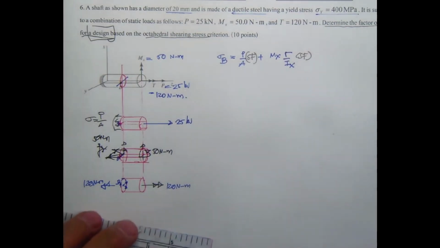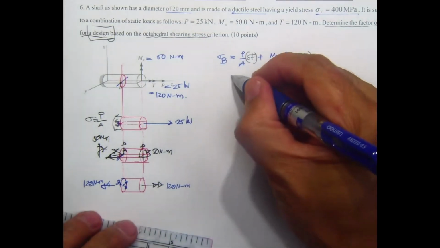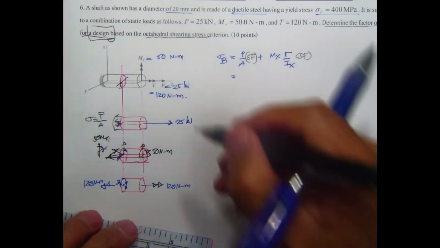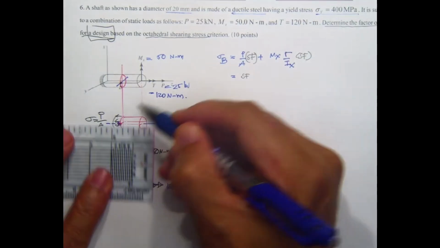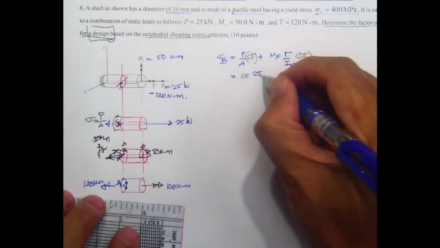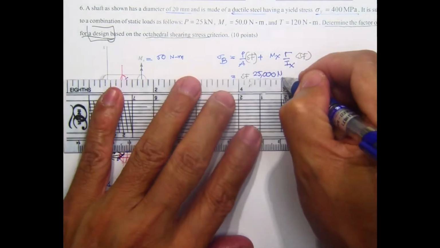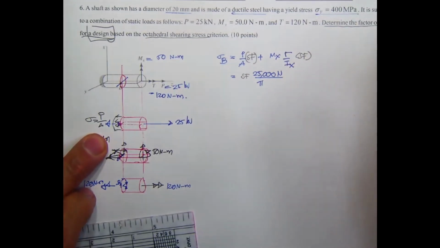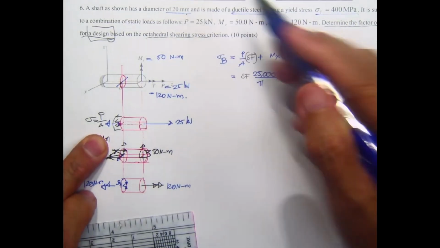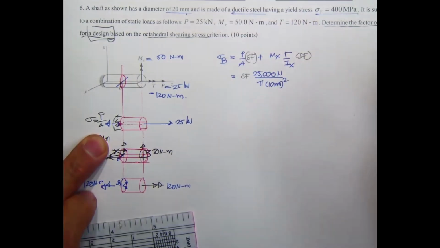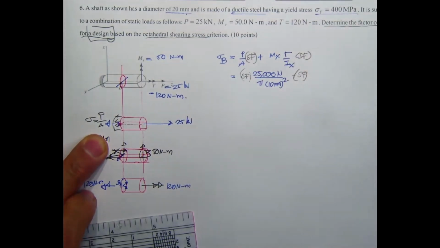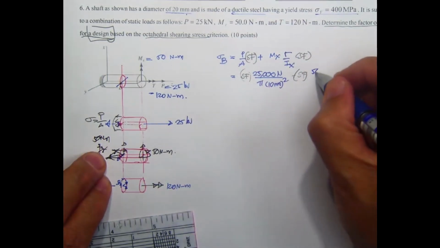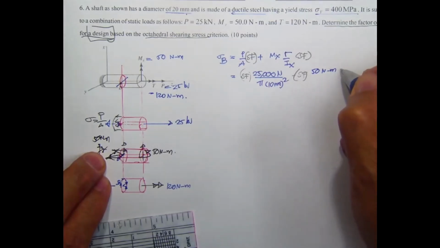For this one, let's put SF. The force P that resists over here is going to be 25 Newton, and the area is going to be pi r squared. The diameter is 10 millimeter, so pi times 10 millimeter squared. Then plus SF times M sub x, which is 50 Newton meter.